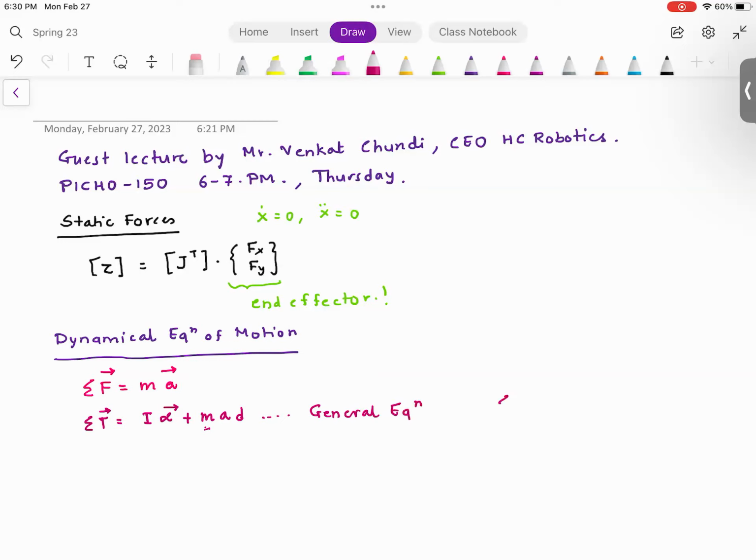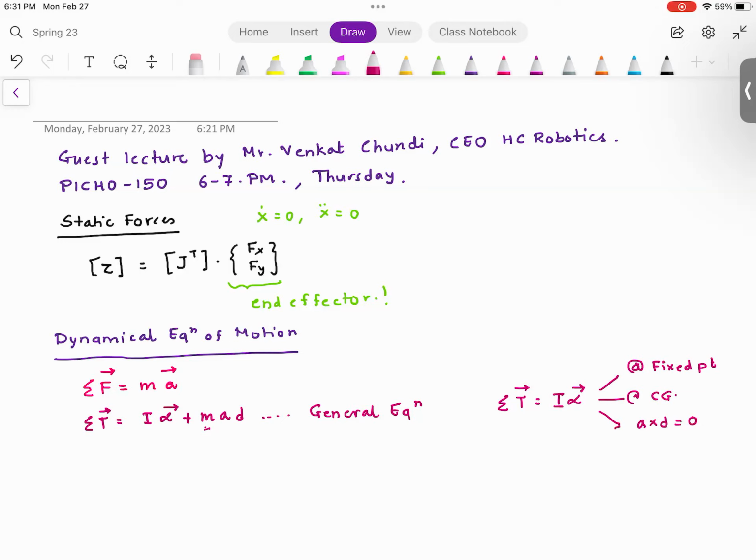However, if I understand correctly, most of the time we study this equation. This equation is only valid when the moment or the torque is about a fixed point, about the CG, and when A cross B is equal to 0.